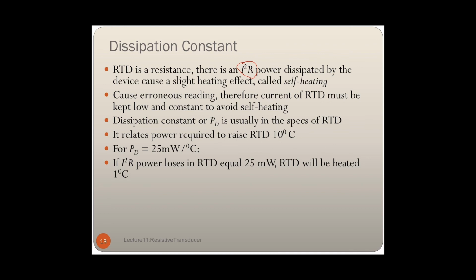So, what is dissipation constant? Dissipation constant is a material characteristic that explains how much power is required to raise the RTD by 1 degree Celsius. For example, if the dissipation constant for the RTD is 25 milliwatt per degree C, it means that the RTD has to lose power of around 25 milliwatt so that the temperature of the RTD will increase by 1 degree Celsius.